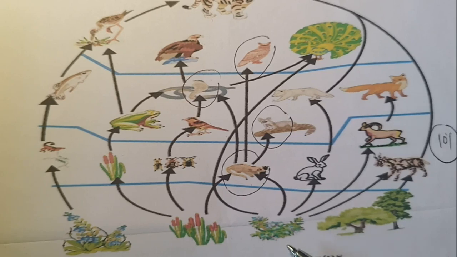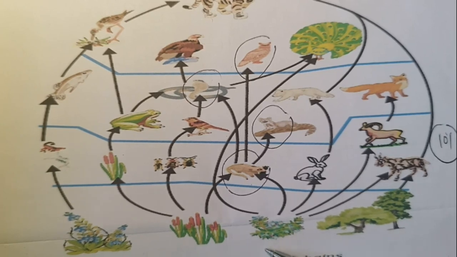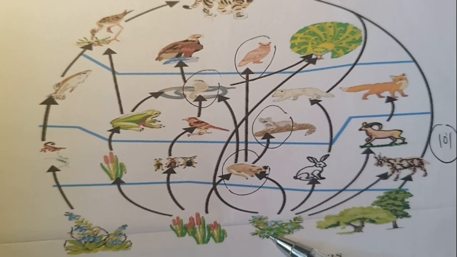These chemicals are either washed down into the soil or into the water resources. From the soil, they are absorbed by the plants along with water and minerals. This is one of the ways in which they enter the food chain.